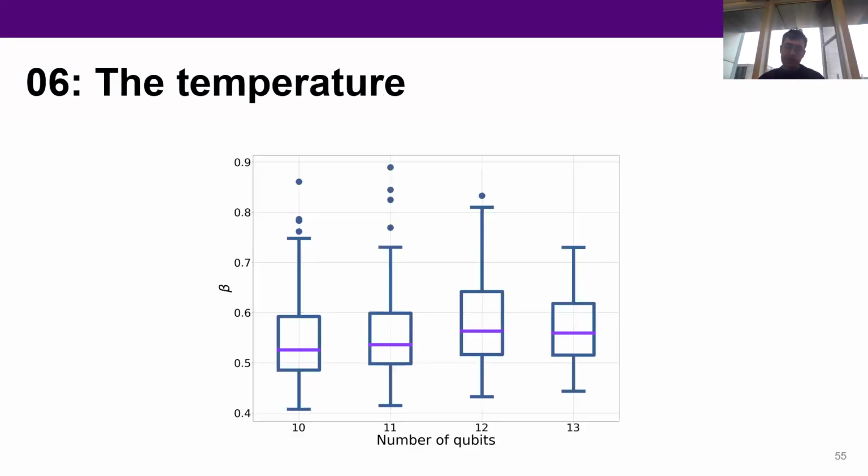And if we wanted just to do a sanity check with numerics, here I have for various problem sizes, 100 instances, and the inverse temperature calculated numerically without any approximation in density of states. And we can see that all the temperatures are less than 1.